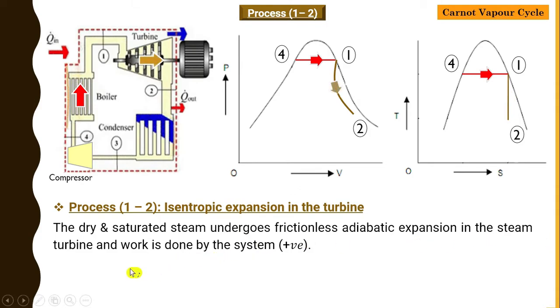Expansion in the steam turbine gives work done by the system, and that is positive. Here work done by the system is considered positive. Now turbine work is given, in terms of enthalpy, by Wt equals H1 minus H2. So points 1 and 2 enthalpy difference will be there.